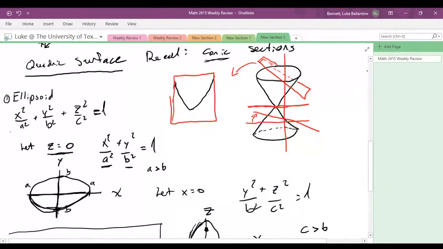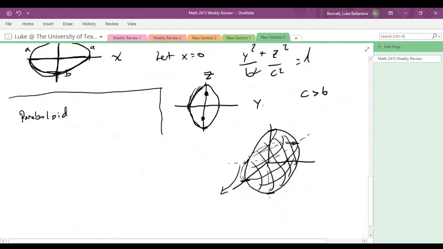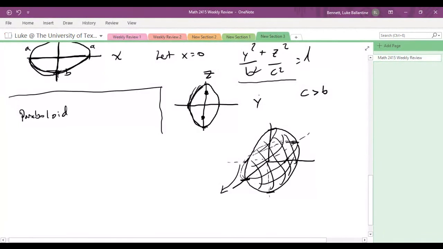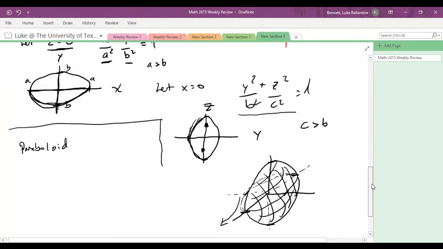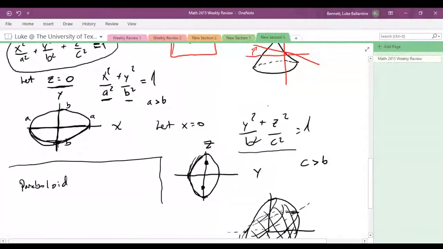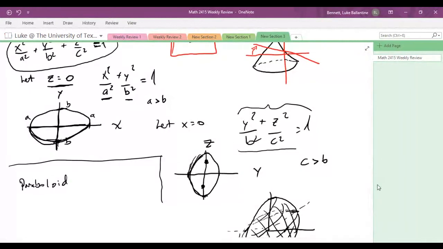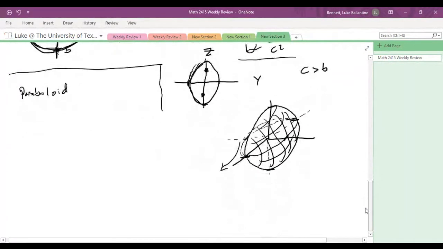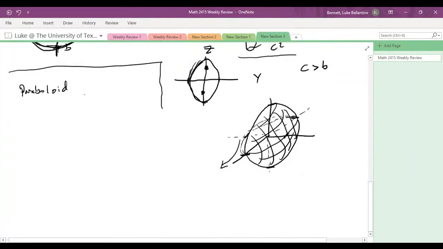Yeah, I see what you're saying. No, I wasn't graphing this one. Yeah, in 3 dimensions, that would go in the x direction forever. You're right, it would be an elliptic cylinder at that point. If we were to graph this in 3D, that would be an elliptic cylinder. But I was graphing the ellipsoid. Sorry if I didn't make that clear.